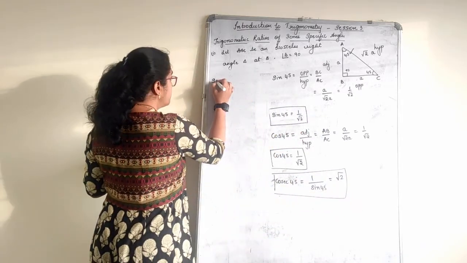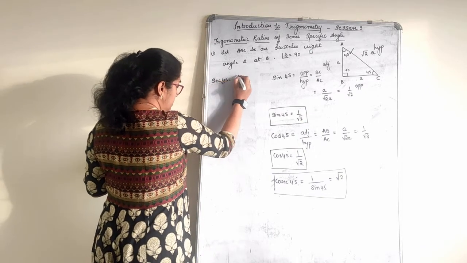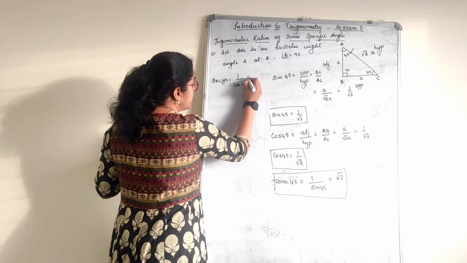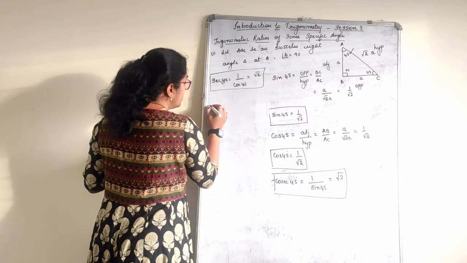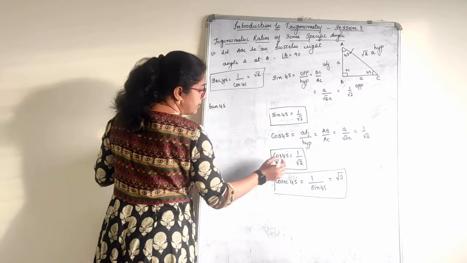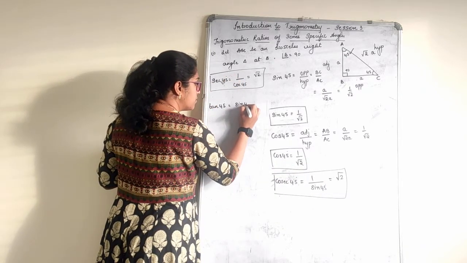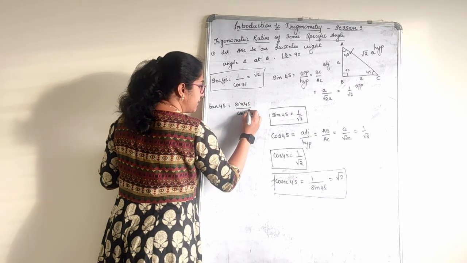Next is sec 45, which is 1 upon cos 45, which is nothing but the reciprocal of this, root 2. Next, tan 45 degree is equal to sine 45 degree upon cos 45 degree.